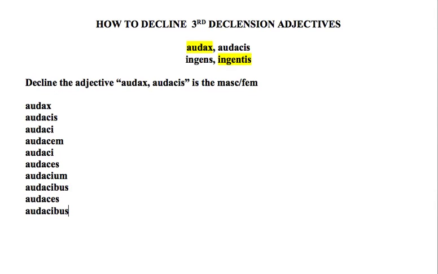And there we have the adjective audax, audacis, declined in the masculine and feminine forms.